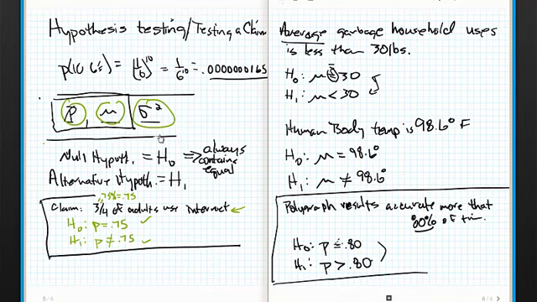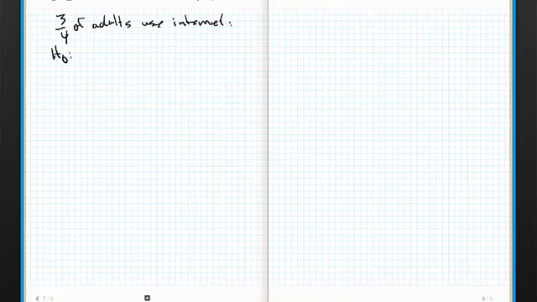So the first thing that we're going to do is deal with the claim that 3/4 of adults use the internet. All right, and we've got our null hypothesis, which always contains the equality, and we're doing a test around a proportion, so 0.75 or 3/4.